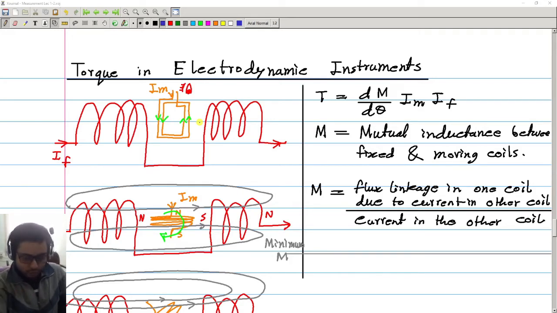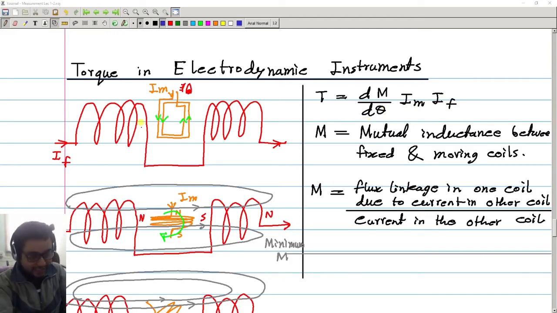Now, we have derived it by assuming a thought experiment to make our analysis simple. But this value of the torque will always follow this equation for any moment, whenever the currents are this and the angle is this.